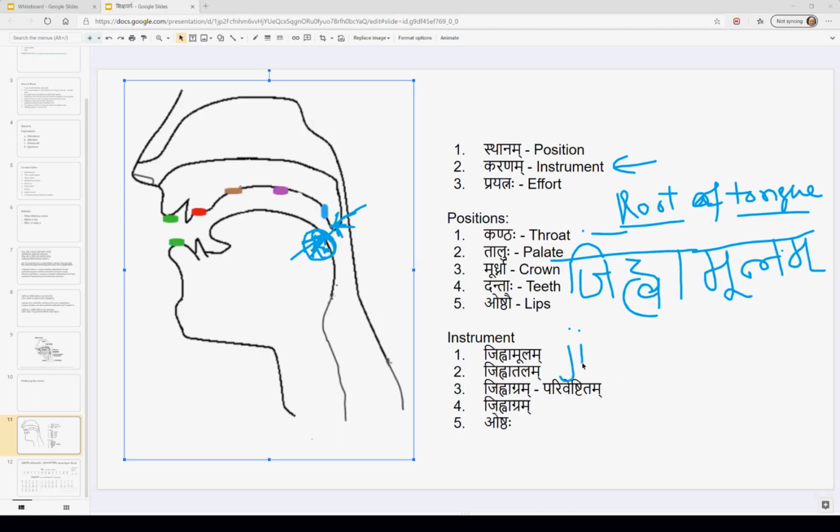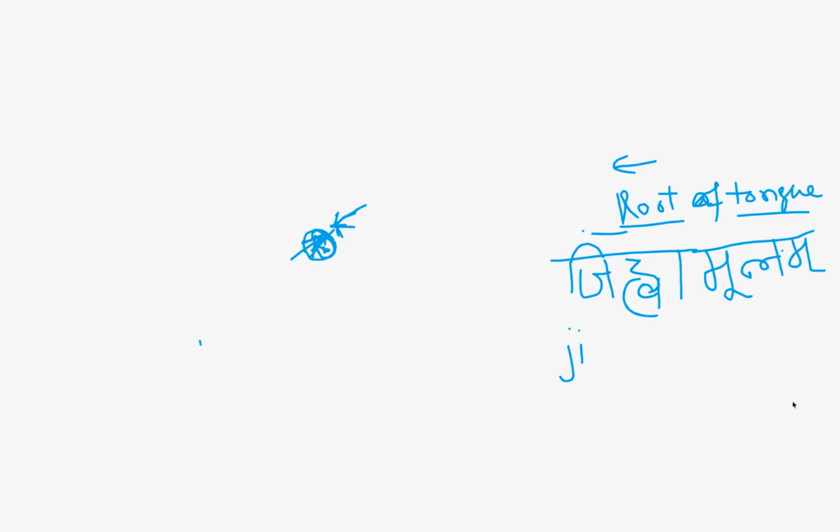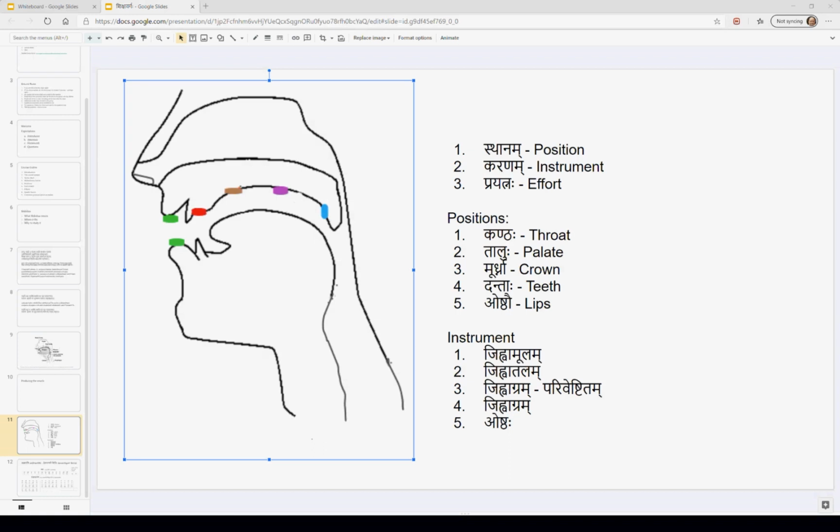So if I write it here, it is Juha Moolam, or the root of the tongue. That is the actuator, the instrument you can think of for the A sound.